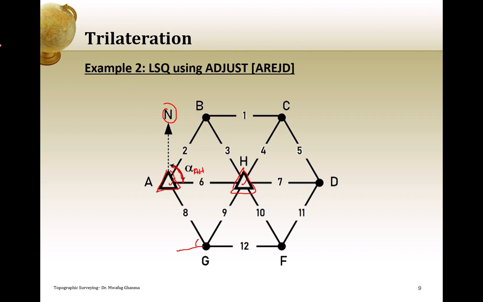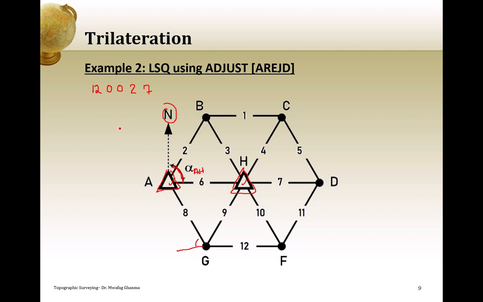So here, if we count the number of distances, the same thing. We have 12 distances, and the number of angles 0. The number of azimuths 0. The number of control stations 2. The total number of stations is 7. And we will not have azimuth observation.